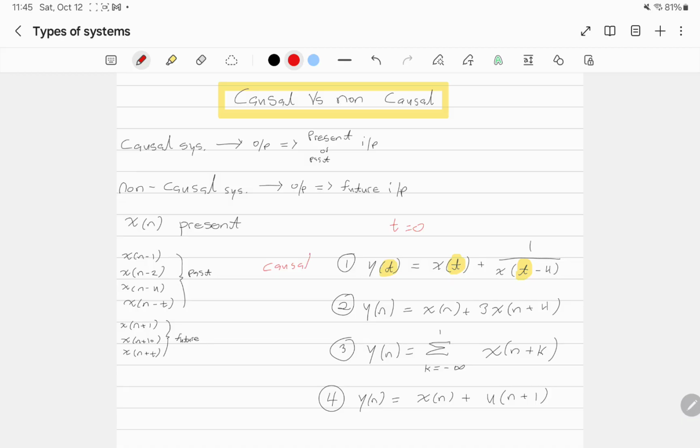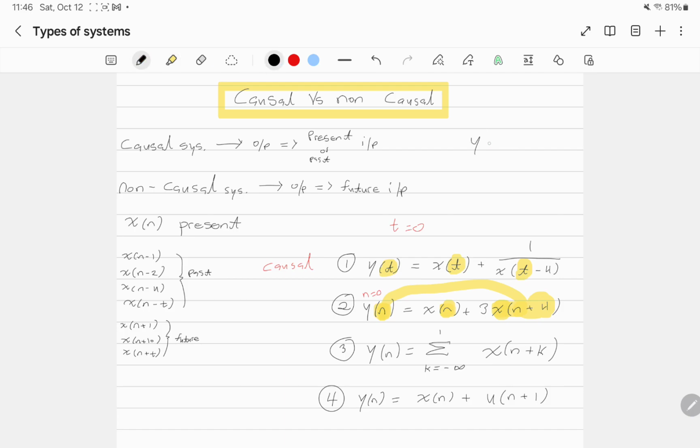For the next example, let's say n is equal to 0 for the present value. And you get y of 0 is equal to x of 0 plus 3x of 0 plus 4. So you get x of 4. So the output depends on a future value of the input, where the input is x of n, and the output is y of n.